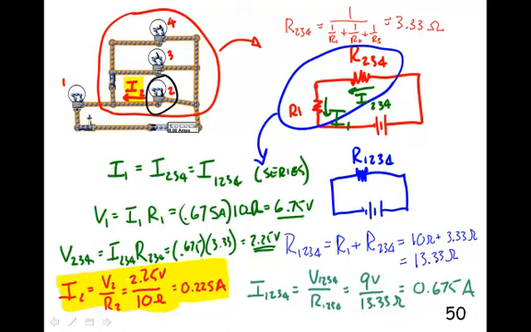So I found I2 using the same Ohm's law. I2 is V2 over R2. So V2, there's V2, we just calculated that. R2 was 10 ohms because each one of them had 10 ohms. So I would expect 0.225 amps to be flowing through this light bulb. And since each light bulb is the same resistance, that same current will flow through each one.